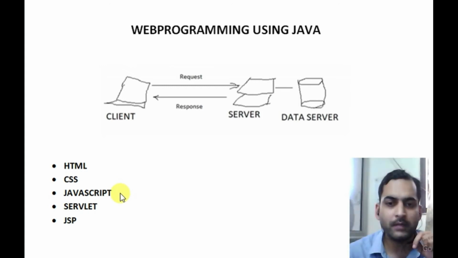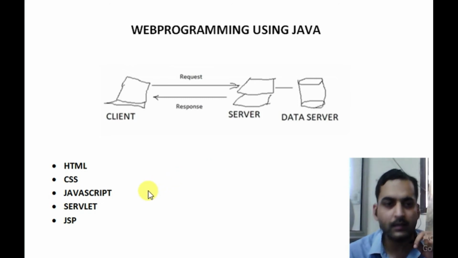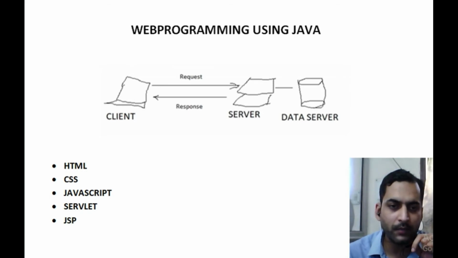Nowadays it is available in many variants like Angular JavaScript, Node JavaScript. So using them we can develop a full website, but here we are talking about the basic JavaScript, right? And then comes the Servlet and JSP.